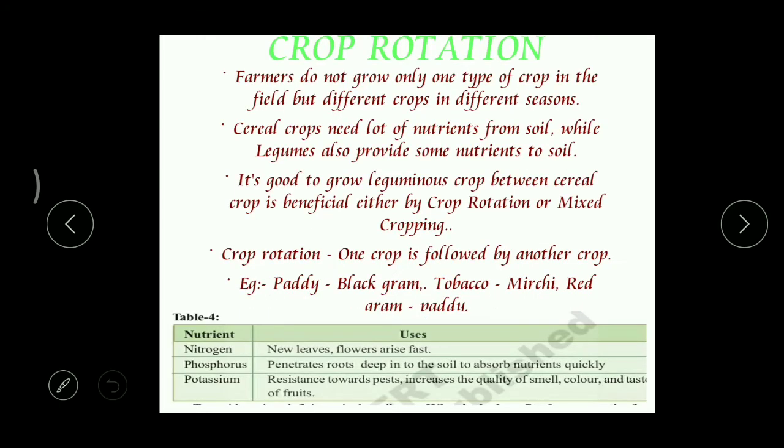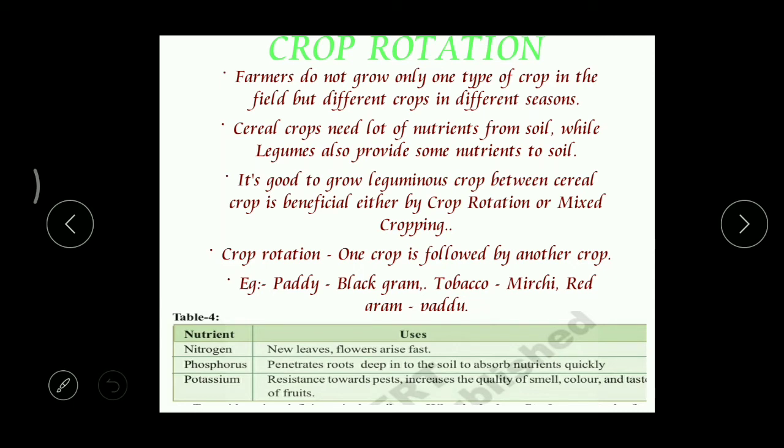Now see the first one, that is crop rotation. Already you studied about this crop rotation in 8th class. So what does this mean? According to this method, for example, the farmer is growing rice. Within 3 or 4 months, the rice crop gets harvested.